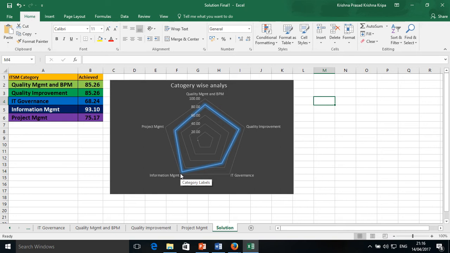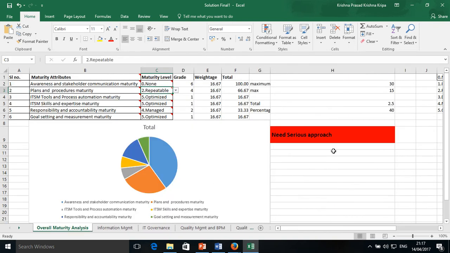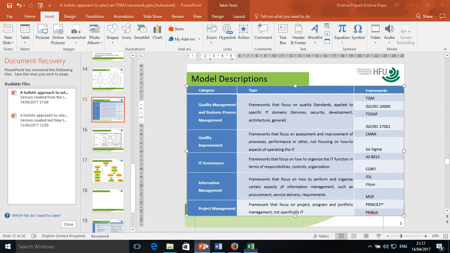Whatever framework they are using for information management, it can be ITIL, it can be FITSM, there is no need to change, it is performing well. They just have to, as I explained, continue improvement. One must not forget this point, continuous improvement.